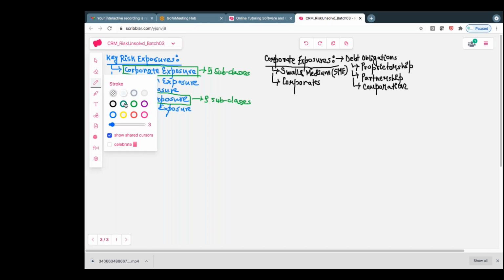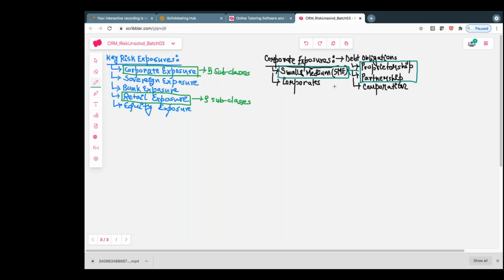Right. So when I talk about the small and medium enterprises, the proprietorship and the partnership together come under small and medium enterprises.